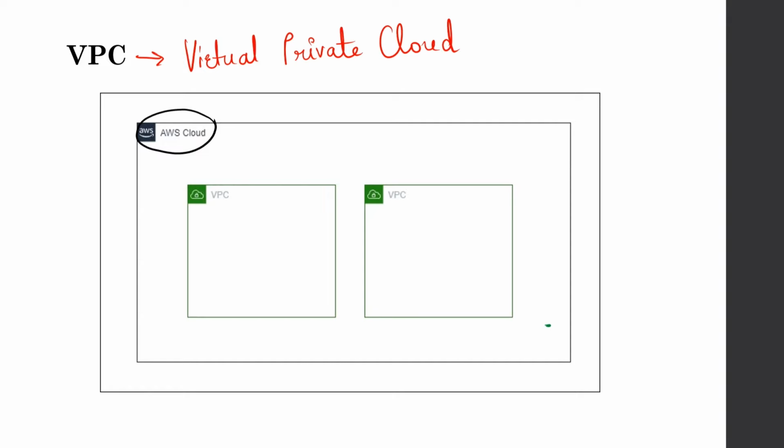For example, let me give you an example. Consider that this is the area of Pune. Now if you want to build a house or whatever things you want to build, suppose you want to build a building or a storehouse or whatever, you can't directly go anywhere and do anything.